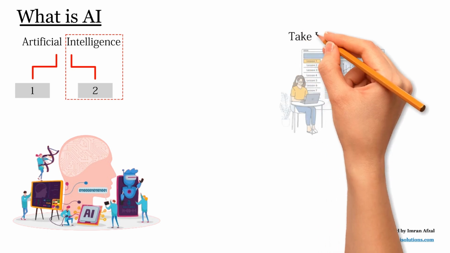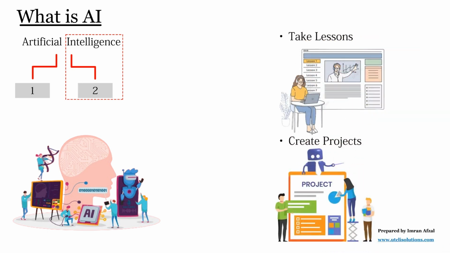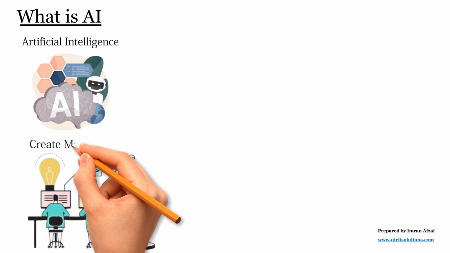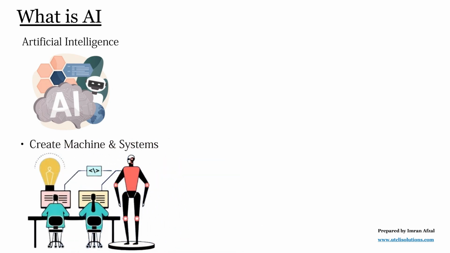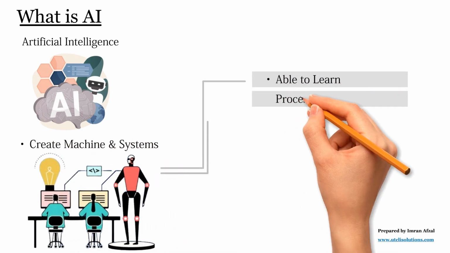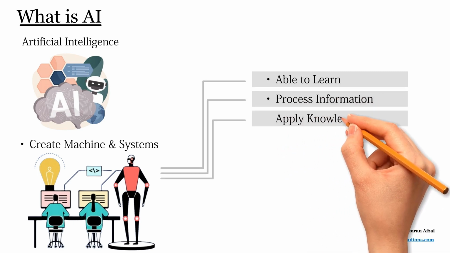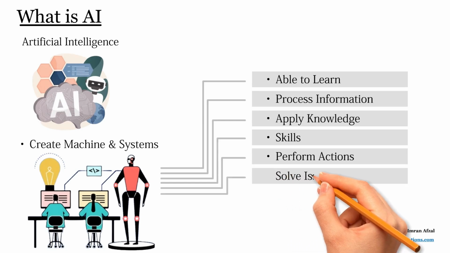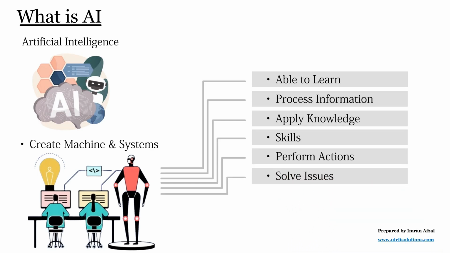Just like you take your lessons, create projects, and overcome roadblocks using the knowledge and skills that you learned, right? So, you can simply define artificial intelligence as the creation of machines and systems that are able to learn, process information, apply knowledge and skills to perform actions and solve problems just like humans.